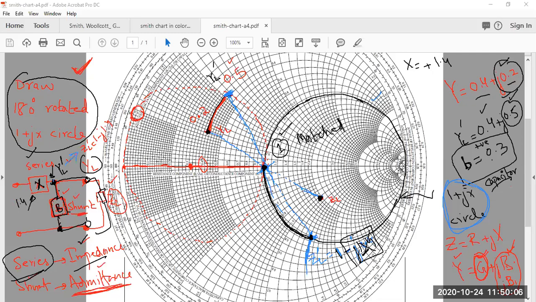And now you also know what X is. X is positive, X is the reactance, and when reactance is positive, it means this is an inductor. So with the help of a capacitor, which will provide 0.3 susceptance, and an inductor, which will provide 1.4 reactance, this point has moved to this point. So now our circuit is matched.